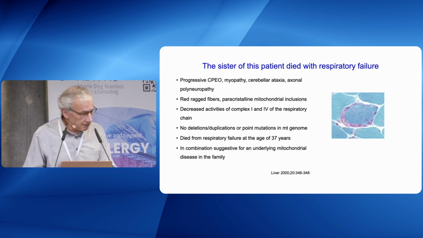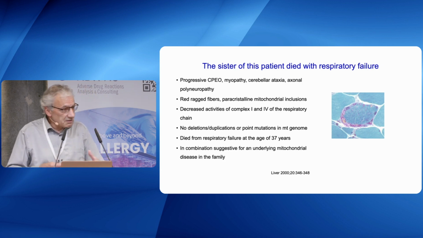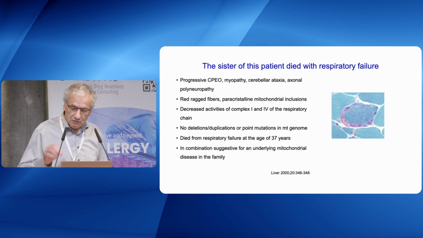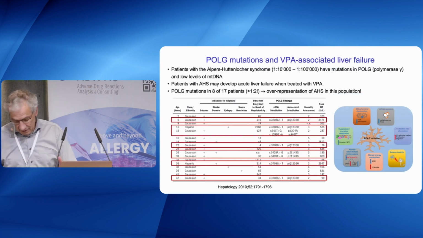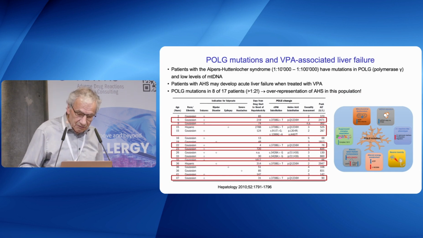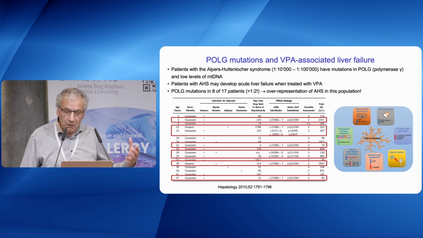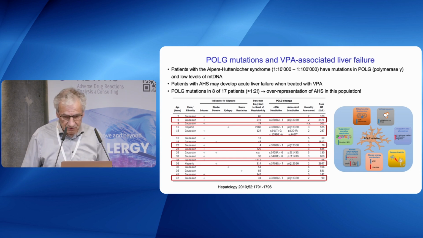Probably this was a familial problem, and probably the other patient with the liver failure also had a mitochondrial disease, and we said in the year 2000, mitochondrial diseases are a risk factor for this valproate-associated hepatotoxicity, for the severe hepatotoxicity. And this was then confirmed 10 years later by an American group, and they said that so-called POLG mutations are a risk factor for this severe toxicity.